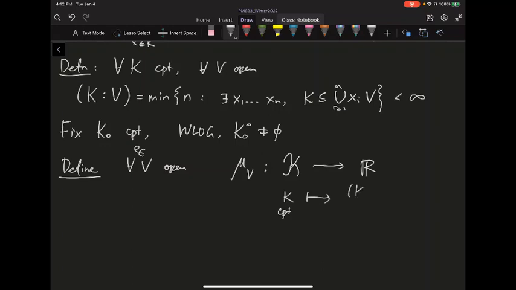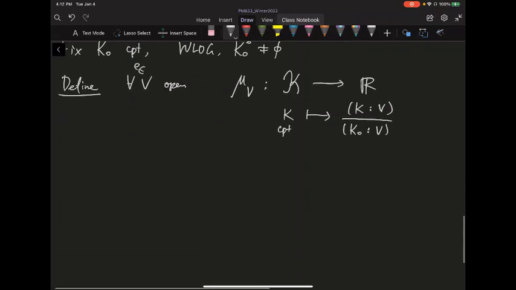First of all, I have to measure how big it is using this open neighborhood of identity, and I need to normalize it using this fixed K0. As V goes small enough, this (K0:V) is also going to be big, but you normalize it, so you get something that's hopefully finite.